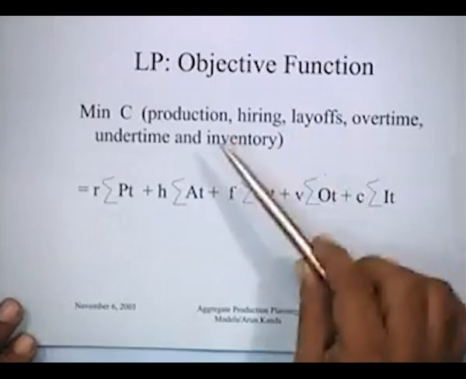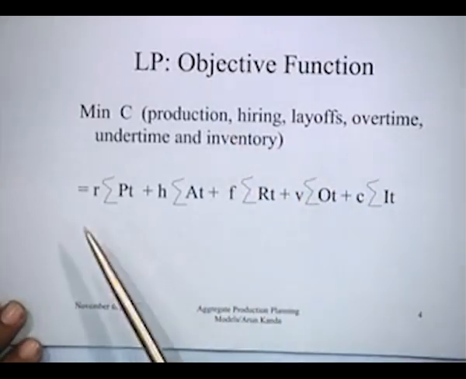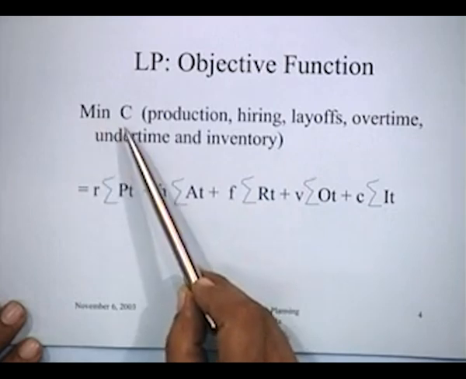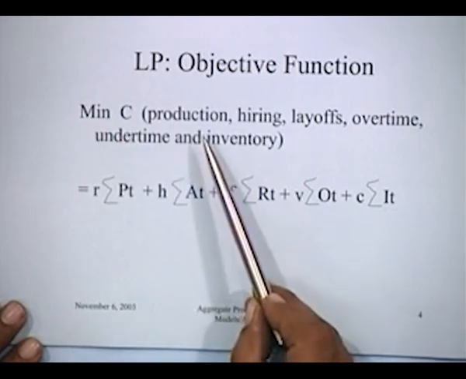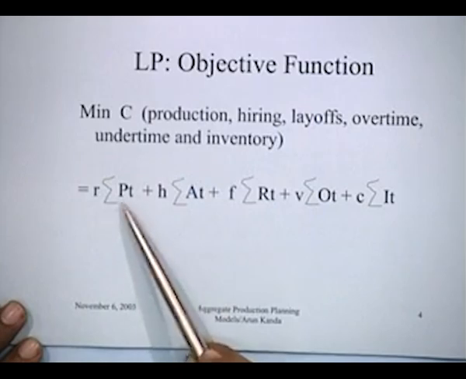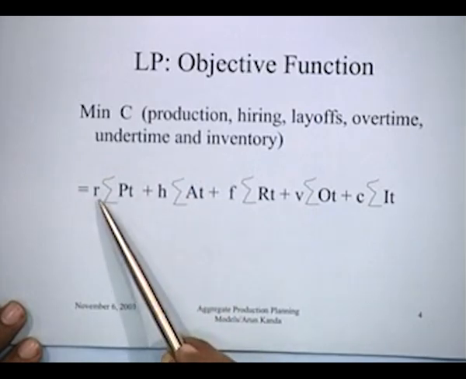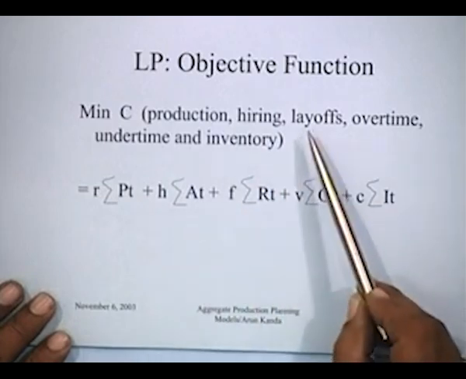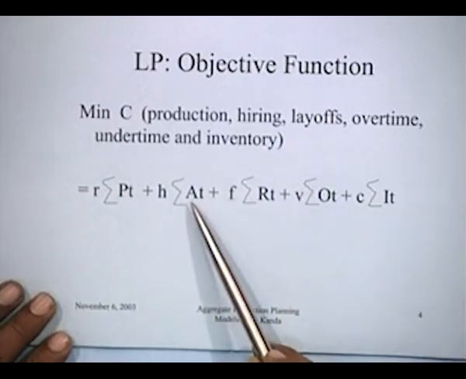Basically what we are interested in is to determine the production plan such that we minimize the total cost, which is the cost of production, that is summation RPT over T. So this is the quantity produced multiplied with the cost per unit on regular time. Then we have H into AT.